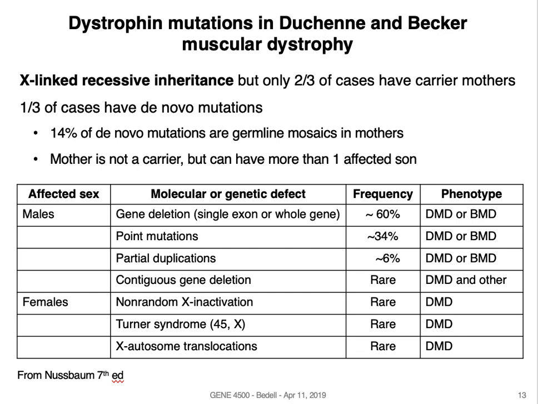Okay, so this is telling you more about the carrier, the manifesting carriers. And it all gets to really interesting aspects of X inactivation. This is another aspect. Look at this. Why is this significant? Several pairs of monozygotic twins, both of them are heterozygous, and they're girls.